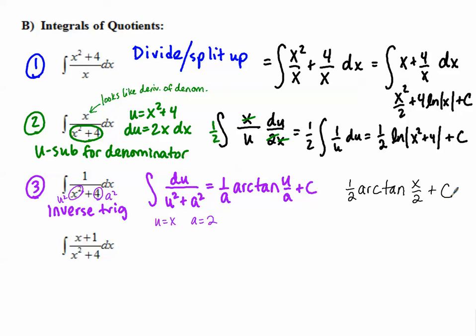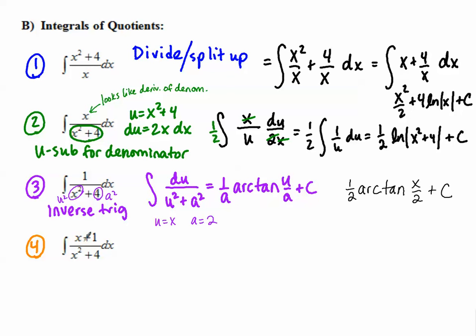So we look for those two. Look at this last example. I see the denominator, if I took its derivative, is 2x, not plus anything, so that gives me a little bit of trouble trying to think about using that second method. But it kind of looks like also that arctangent setup.